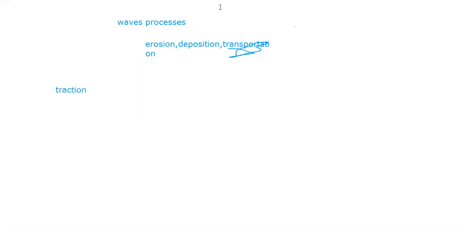Now, the next process that we'll be looking at is saltation. Now, this is a process that I like, right? Hop, hop, hop, doing the baby bop hop, right? These are basically pebbles.